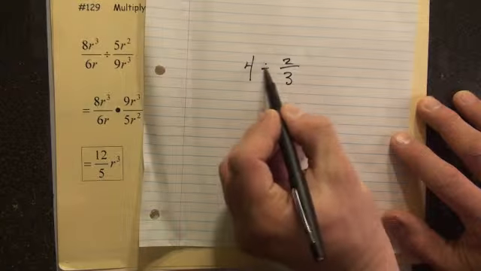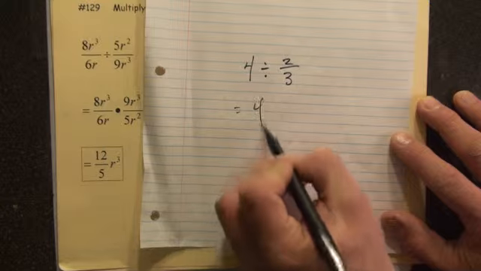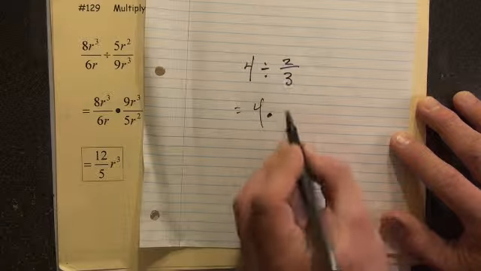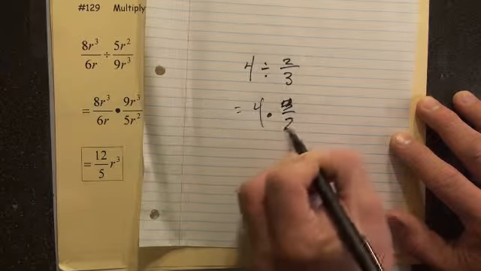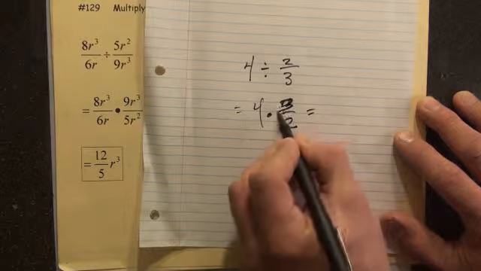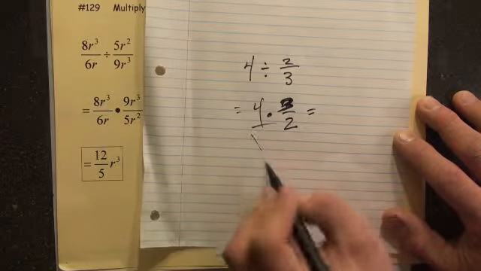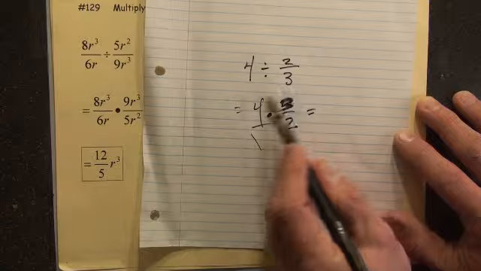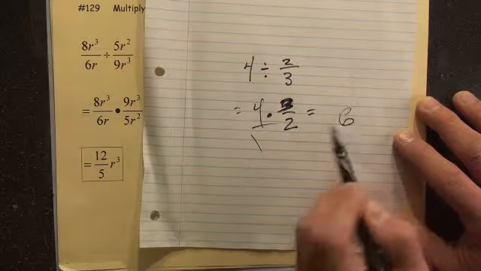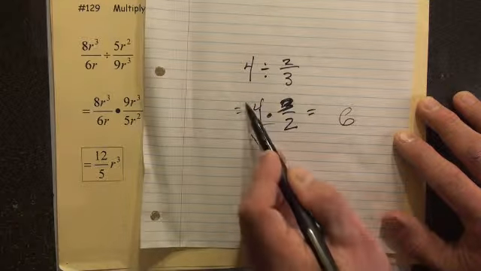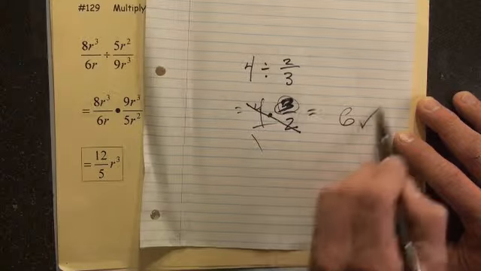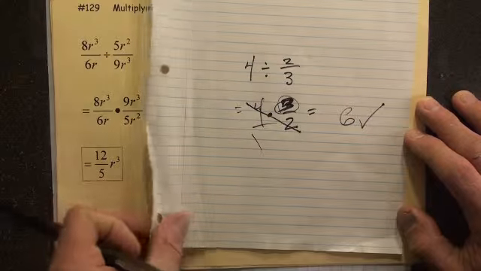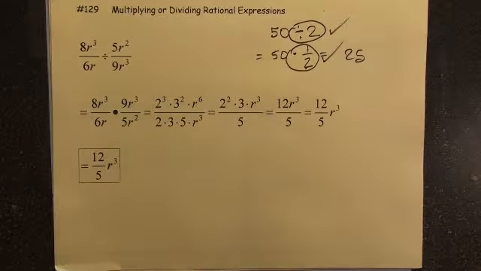Here, dividing by 2 over 3 means multiply by 3 over 2. And there's a cool way to do this. You either do 12 divided by 2, which is 6, or you can do 4 divided by 2, which is 2, times 3, 6. Okay, so there's just a little quick lesson in dividing fractions.